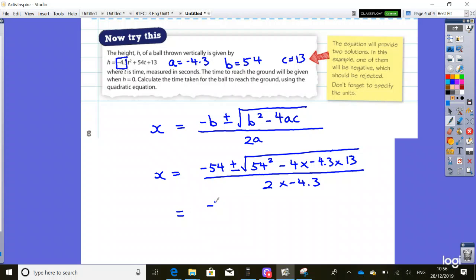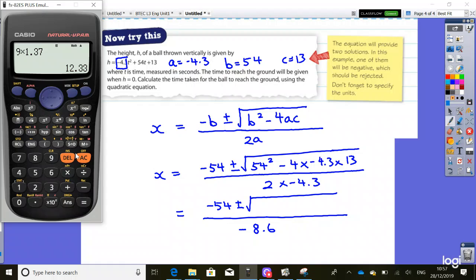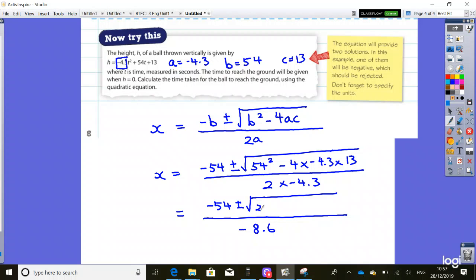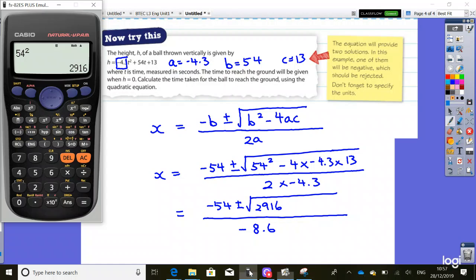I don't think I can do that in my head, so I'm going to put the 8.6 in the calculator. You could put all this in the calculator, but I wouldn't do that because I think you need to get some working out marks. So 54 squared is 2916, and then times minus.